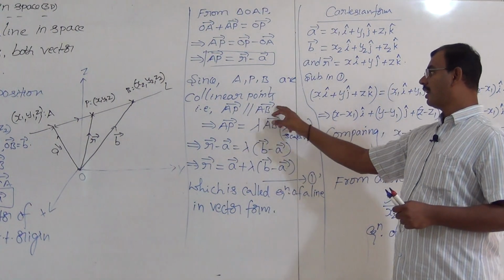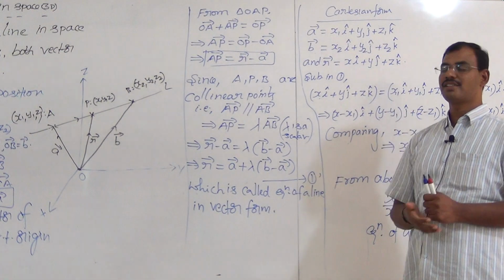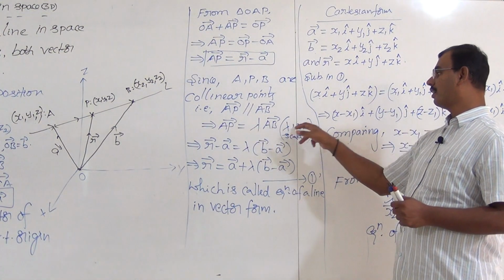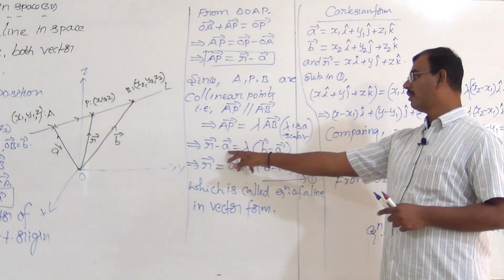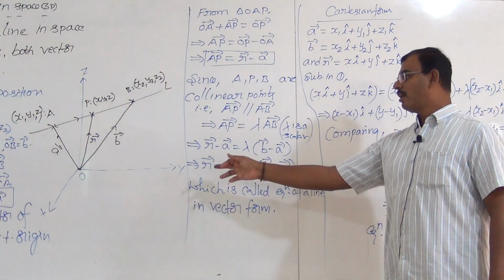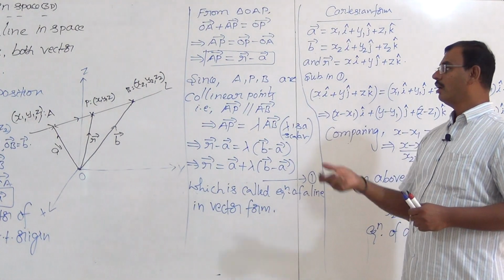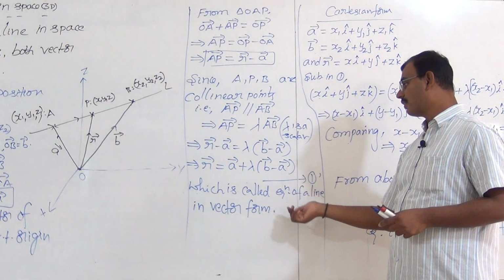We know that if two vectors are parallel, they differ by a constant. AP vector is equal to lambda times AB vector, where lambda is a non-zero scalar. R bar minus A bar equals lambda times B bar minus A bar. R bar equals A bar plus lambda times B bar minus A bar, which is called the equation of a line passing through 2 points in vector form.